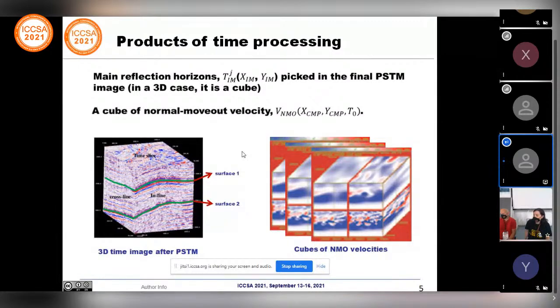Main reflection horizons are usually picked in these time images, and very preliminary information on velocities is also constructed. Having these products of time processing, we propose an efficient algorithm for depth travel time tomography.